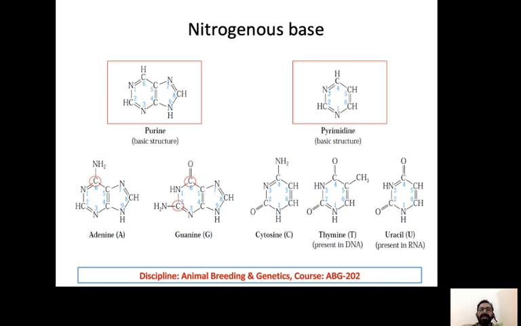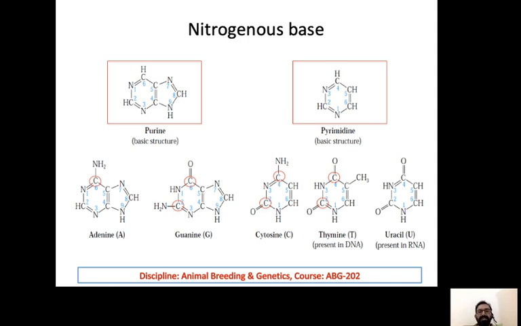Similarly, you can see the pyrimidine structure, that is the basic structure, and it has 6 carbon positions. In the case of cytosine, C, you see the amino group is attached on carbon number 4 and oxygen on carbon number 2. Thymine is different from cytosine because at both positions, carbon number 4 and carbon number 2, oxygen is attached.